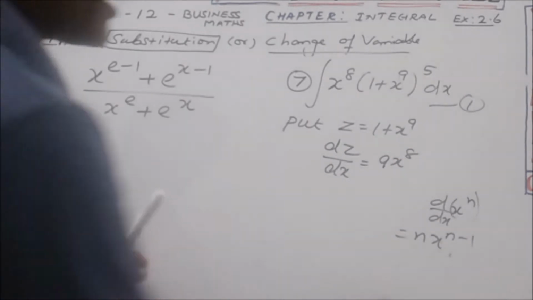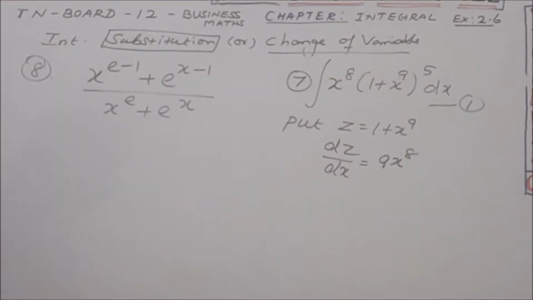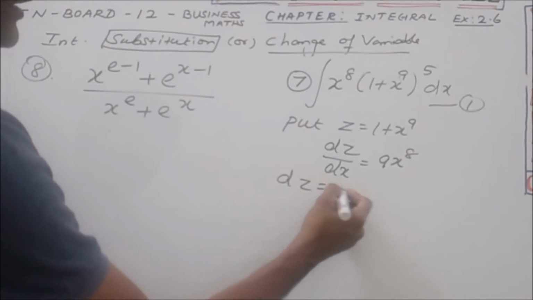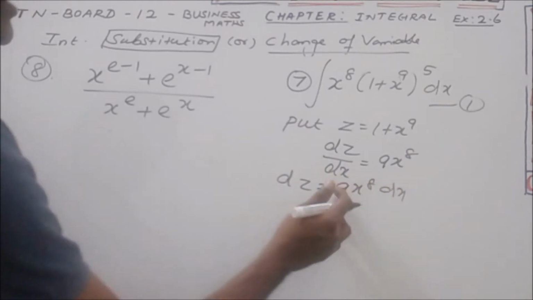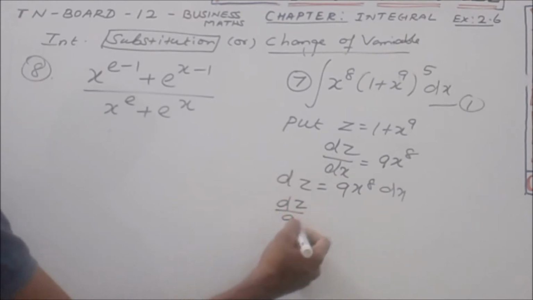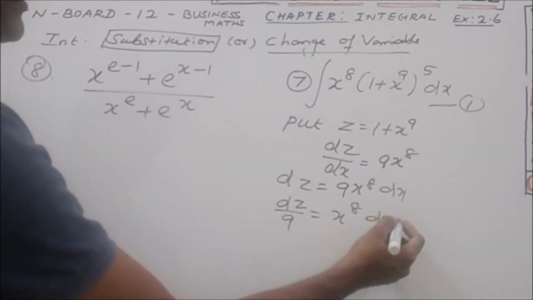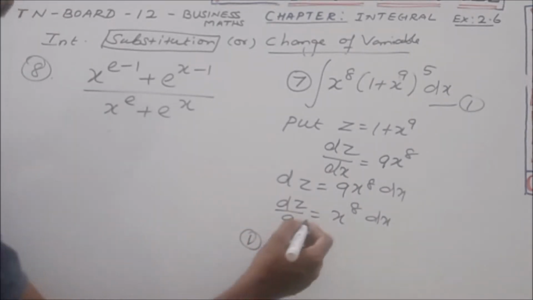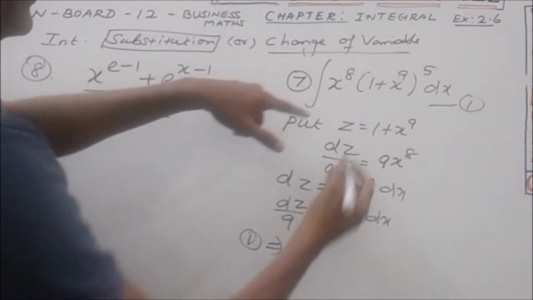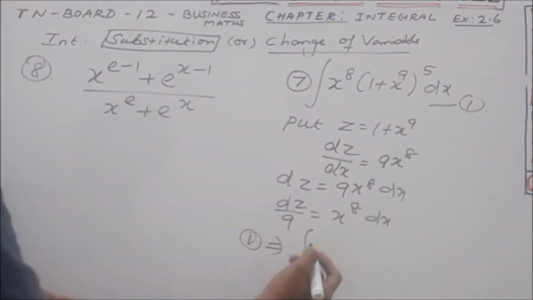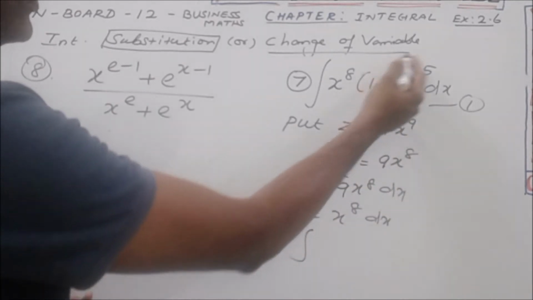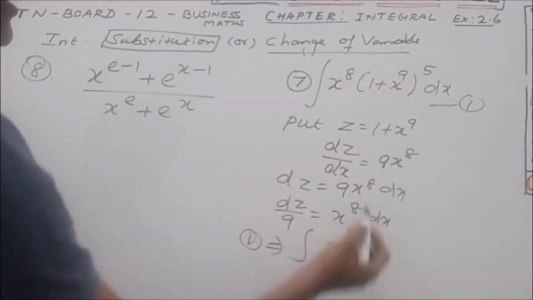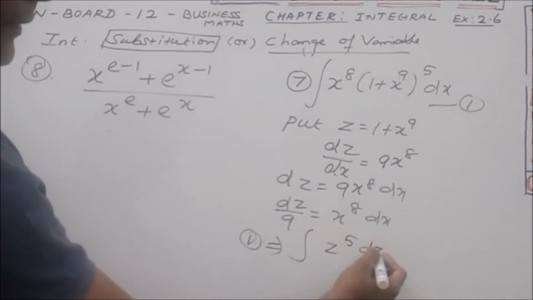Our substitution is correct. We can move on: dz equal to 9x power 8 dx, and dividing by 9, dz by 9 equals x power 8 into dx. We can go with the substitution. The integral becomes 1 plus x power 9 whole power 5, which is z power 5, and this x power 8 dx turns into dz by 9.